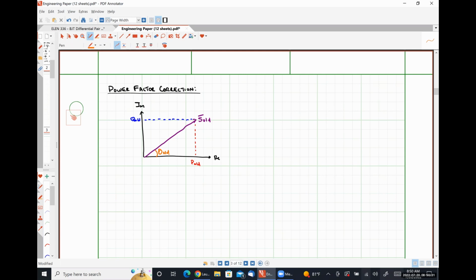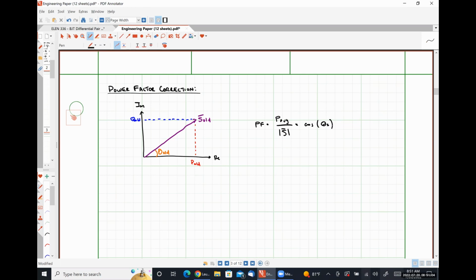Okay. So the goal of power factor correction is to increase the power factor at which the load operates. Just as a quick reminder, power factor is defined as average power divided by apparent power, or cosine of the power factor angle.